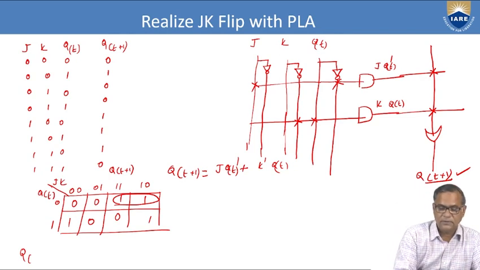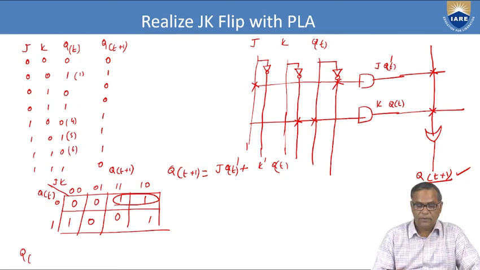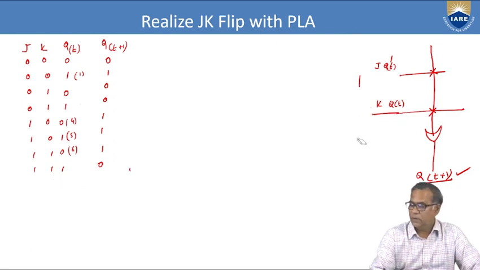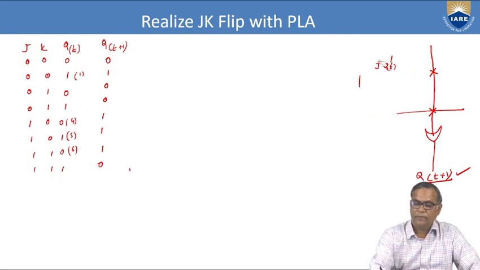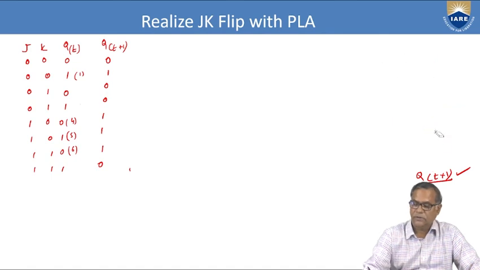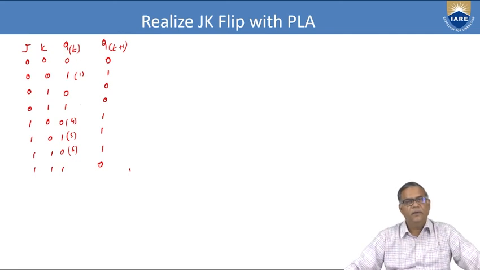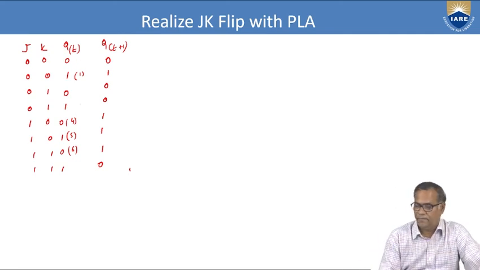Now I'll show you how you can realize it using the PROM. So I will use 3 to 8 decoder, which will give me 8 outputs. The decoder is nothing but a fixed AND plane.